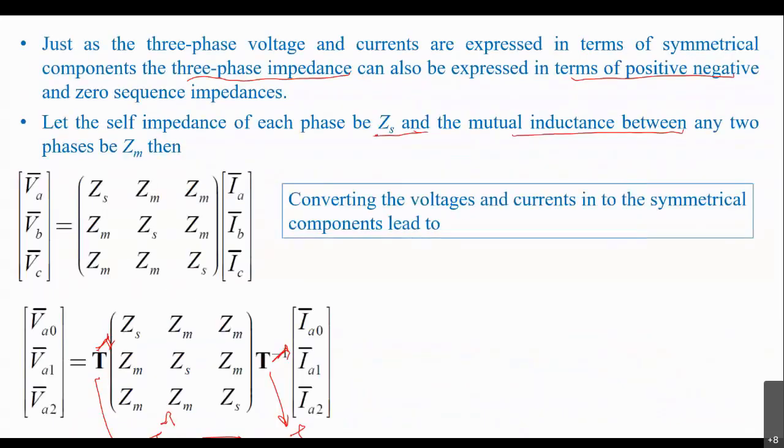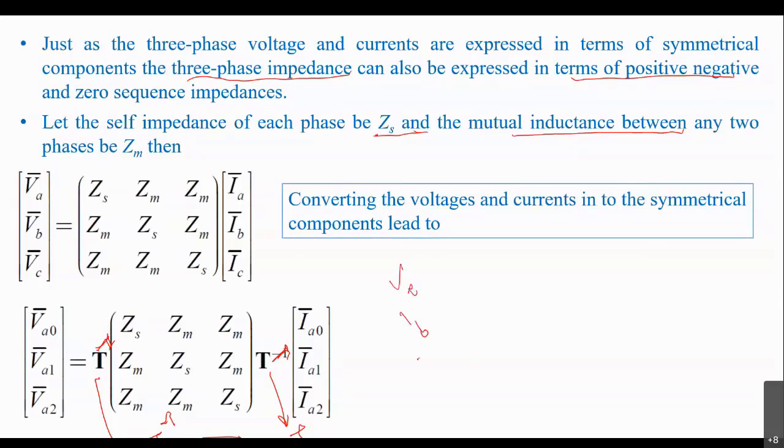Yes, sir. But here we have to write in terms of VA0, VA1 and VA2, so we multiply with the inverse. That gives all the phase voltages in terms of sequence components. VA, VB, VC we write in terms of VA0, VA1, VA2. VA, VB, VC is equal to what?